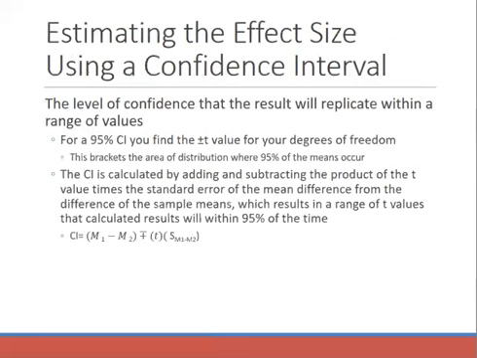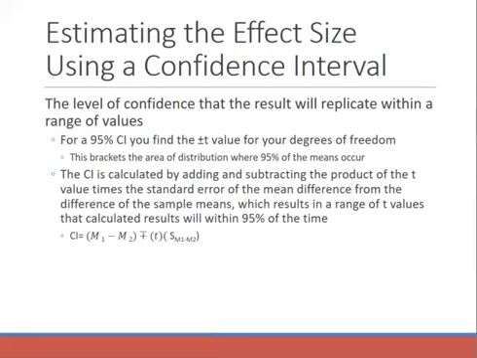Okay, finally, we'll talk in class a little more about different measures of effect size, but one of them is using a confidence interval. We use the confidence interval in roughly the same way that we did for a single sample t-test. We're mostly looking at a 95% confidence interval, and it's a way of measuring effect size.